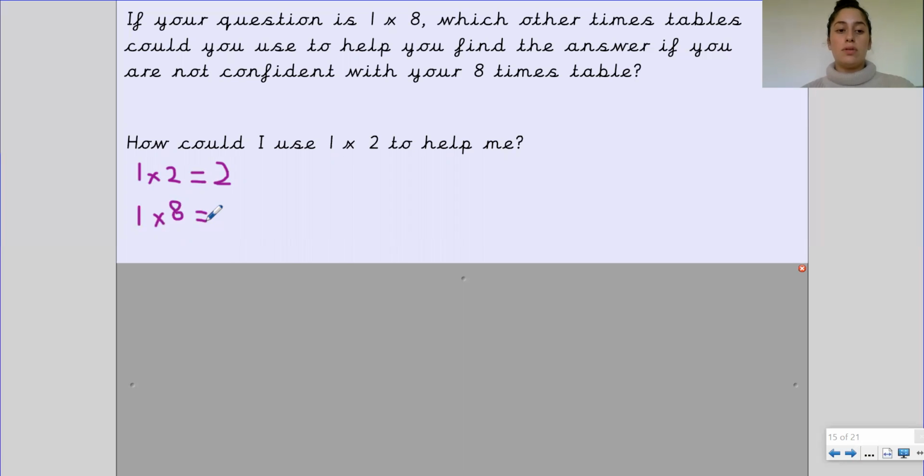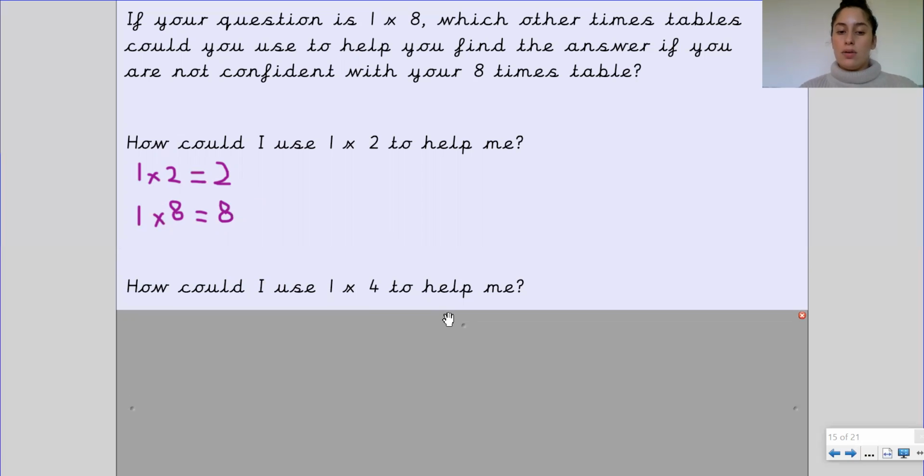Well, you could use the 2 times table by doubling the answer and then doubling the answer again, and that will give you the answer to the 8 times table. So 2 doubled equals 4. And if you were to double 4, you would get 8. So you would get the answer to 1 times 8, which equals 8.